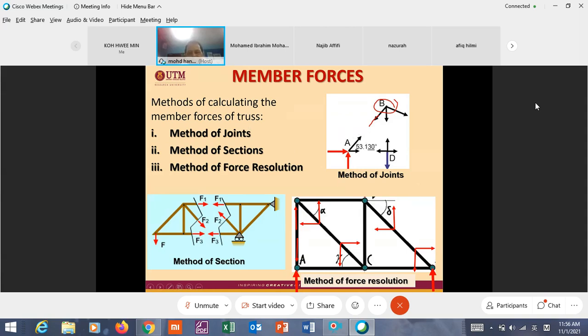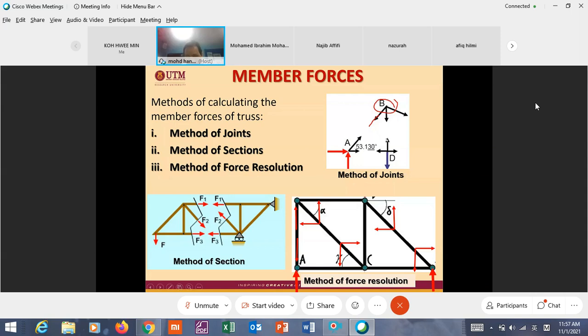So it is based on equilibrium equation at joint, where you have two simultaneous equations, ΣFx equal to 0, ΣFy equal to 0. You remember? So this is method of joint.